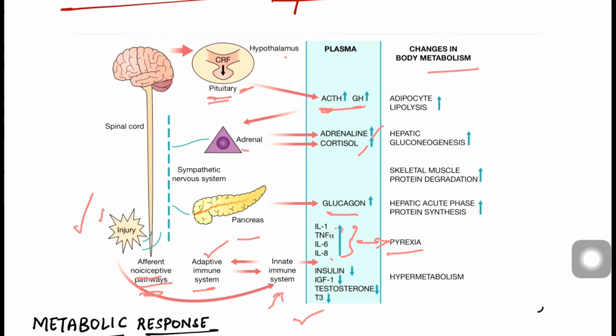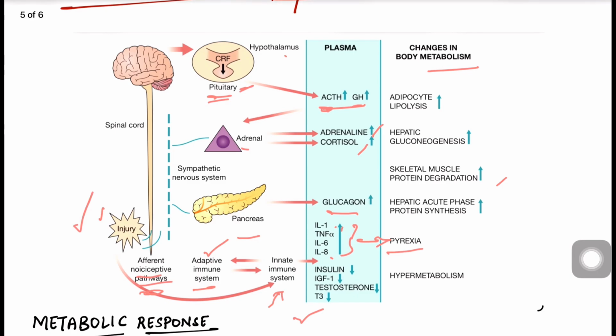Glucagon causes skeletal muscle protein degradation, and hepatic acute phase reactant protein synthesis will be more. As it is a state of hypermetabolism, the basal metabolic rate maintained by thyroid hormone will change. So when there is hypermetabolism, thyroid hormones will be low, testosterone will be low, insulin will be low.